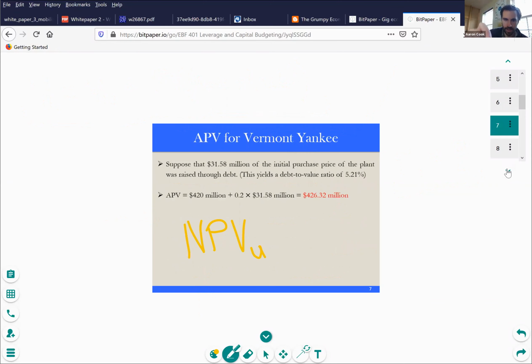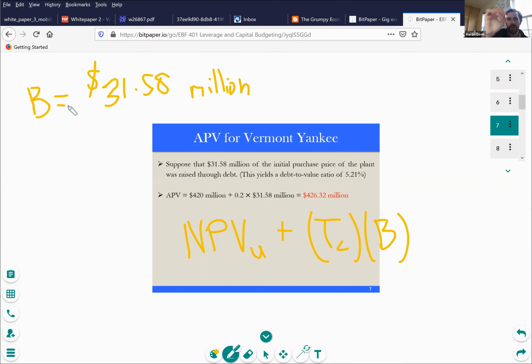We have the present value of the tax shield as the other one of our inputs. That's the tax rate times the amount of leverage. Let's just assume here that the amount of borrowing was 38 million, or 31.58 million.